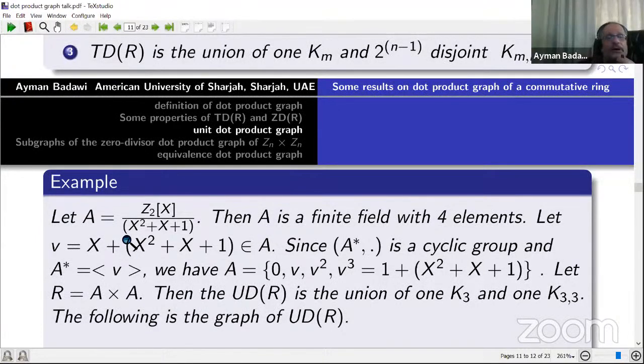So here is an example. Here we constructed a finite field with 4 elements: Z2, the polynomials over Z2 mod this ideal, and definitely this is a finite field with 4 elements. Here are the elements. I call them V, where V is the generator, so you have V, V square, V cube. Remember V is this element in this ring.